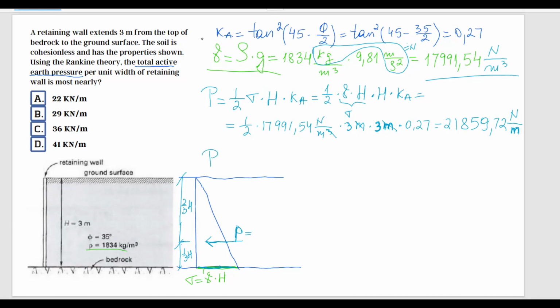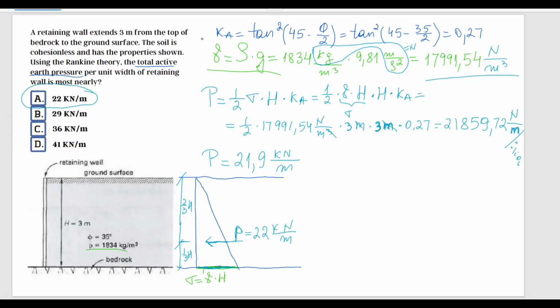If I divide it by 1,000, I get that the active earth pressure is equal to 21.9 kilonewtons over meters, which is approximately 22. So the correct answer is A. There you go. We can also write this down: 22 kilonewtons over meters.